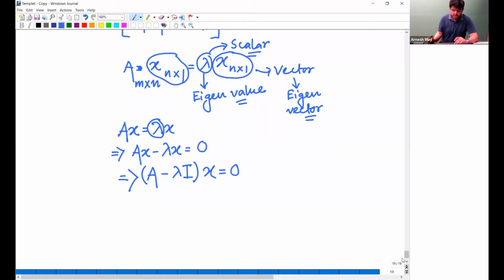If we want to find the value of lambda for a general vector x, then the determinant of this matrix has to be 0. And if we put this determinant as 0, we will get the characteristic equation.